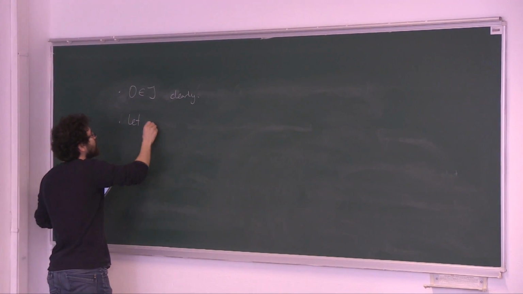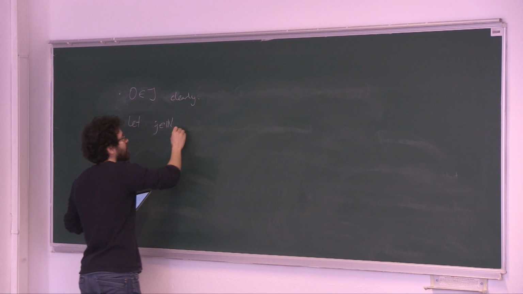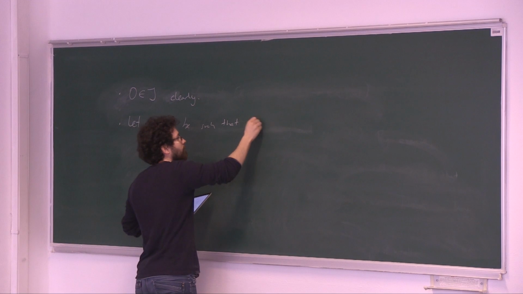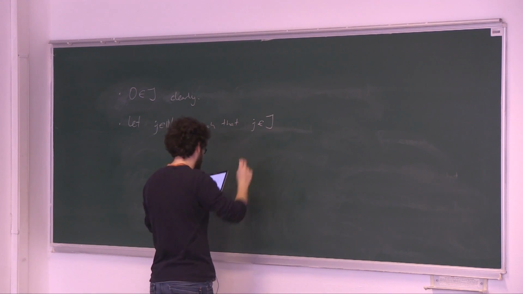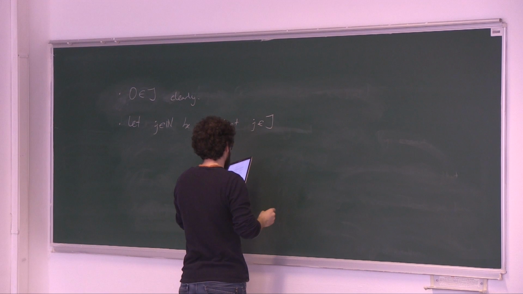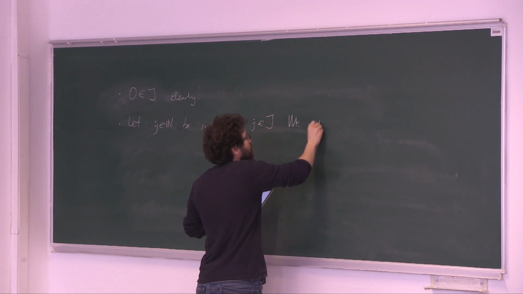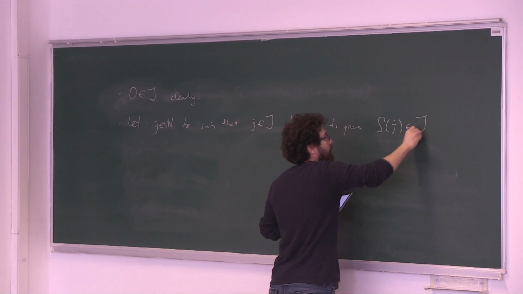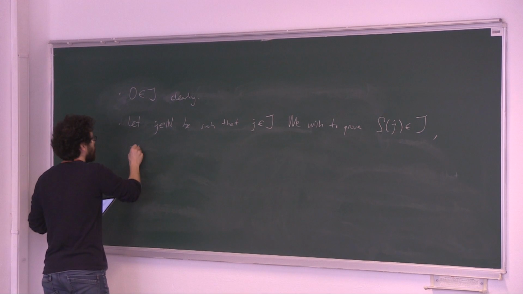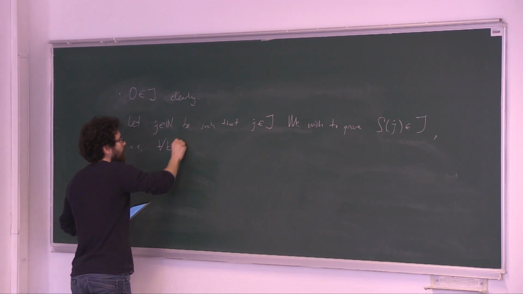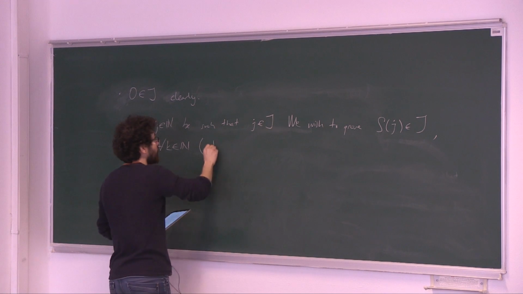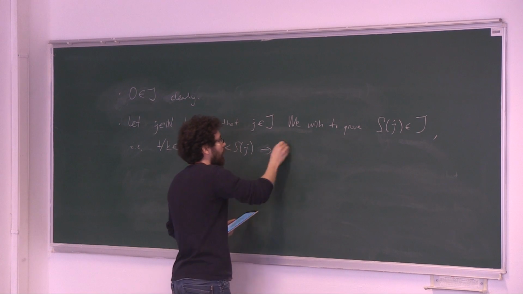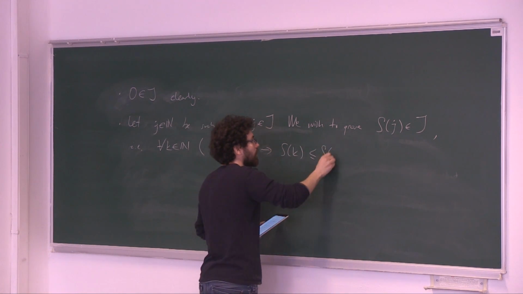Now, let J be a natural number from big J. So we have J and big J. What do we want to prove? We wish to prove S of J is in big J. That is, for all K in N, K is strictly less than S of J implies S of K is less than or equal to S of J. Okay?